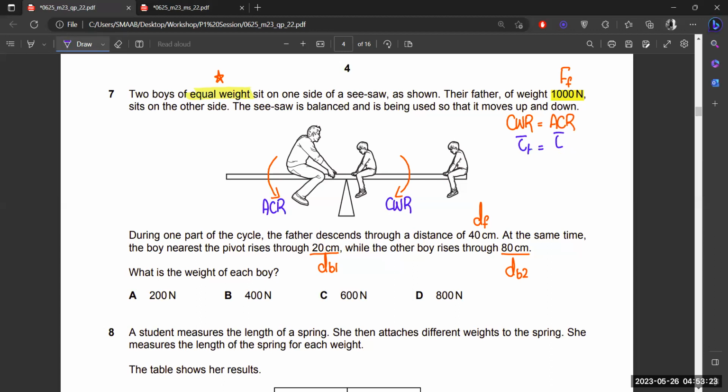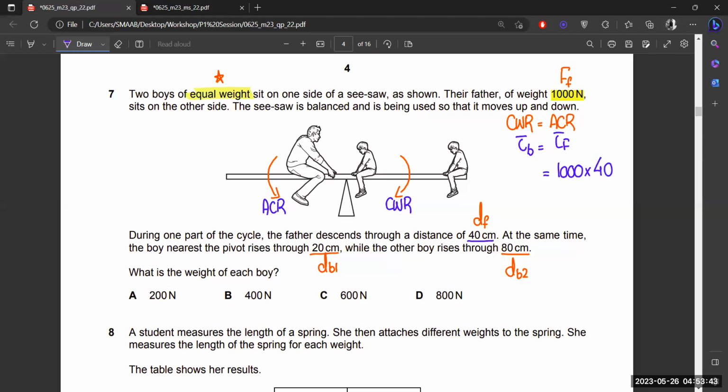So we know the values for the father. We know the weight of the father is 1000 newton multiplied by the moment arm, which is equal to 40.